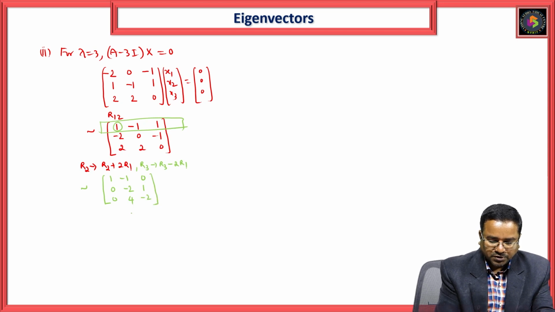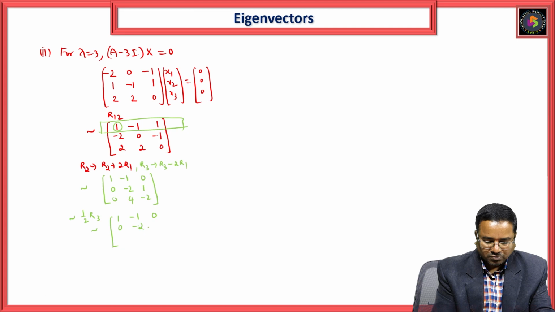Now look at this one; it is a multiple, so I am writing 1 by 2 R3. Next we get 1 minus 1, 0, 0 minus 2, 1, 0, 2, minus 1.